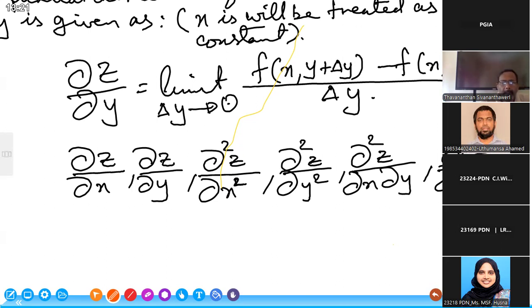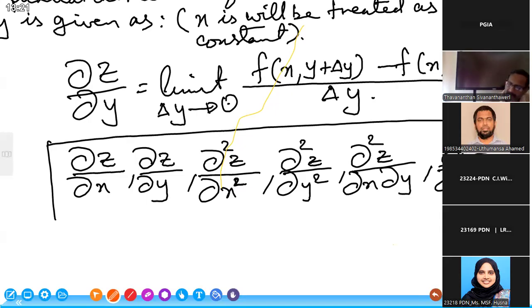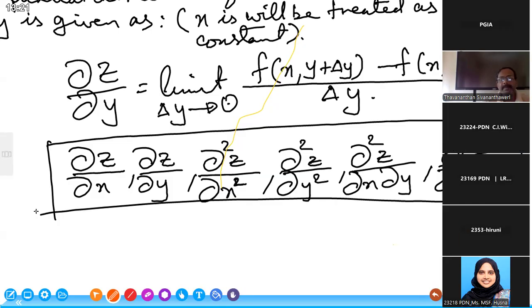You see, six different notations. We are going to see, for a given function, how we can get these six different notations. Hope you have taken this down.